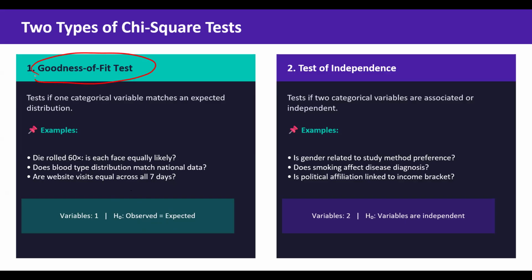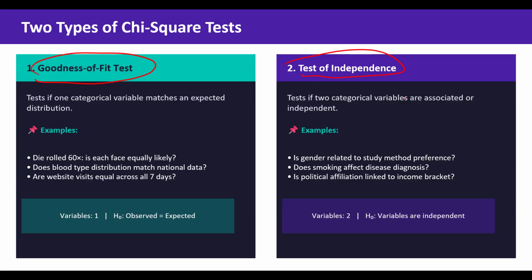Also, we have a test of independence. We have a row variable and a column variable, both categorical variables with different levels. I want to test if the row variable and the column variable are independent from each other. So you look at two categorical variables to see if they are associated or independent.